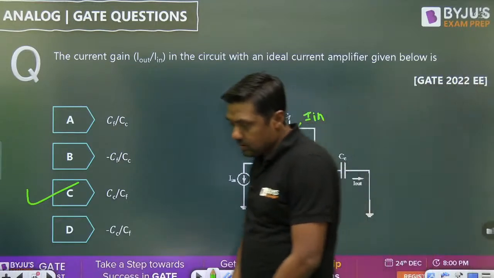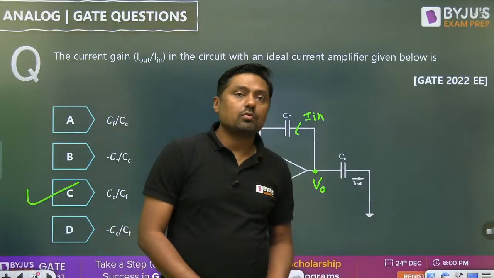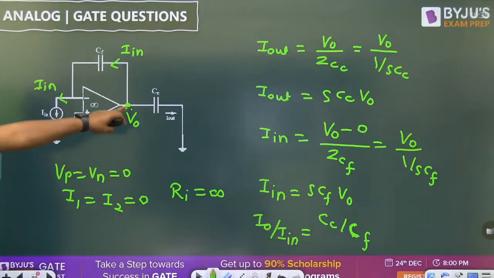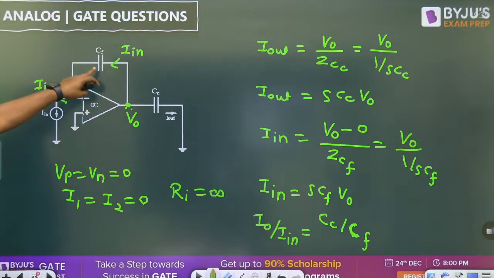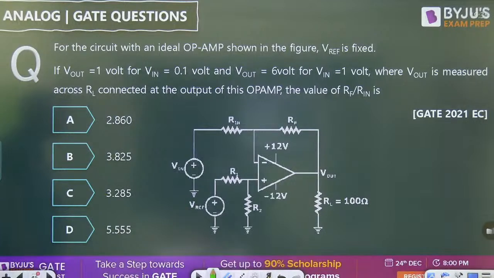We are not saying that I out is equal to I in. I out is not equal to I in. Simple, this is the method. Write V0 minus 0 by this impedance, V0 minus this, that impedance, and directly you can find the value. Common factors cancel out and you will get the idea. Now, that is the diagram.